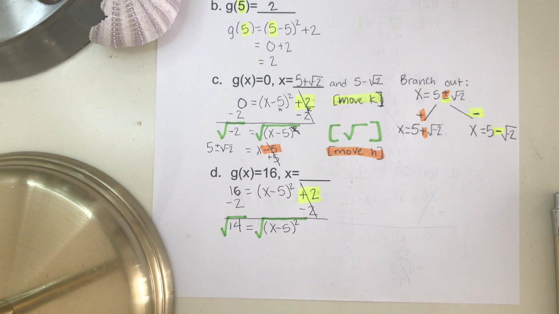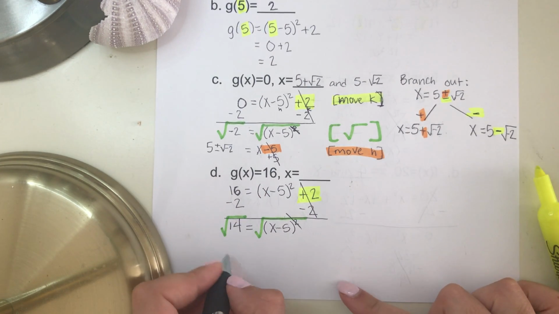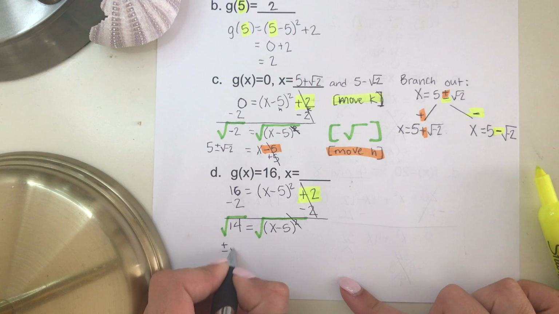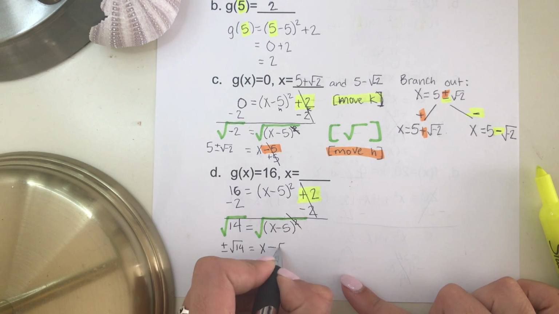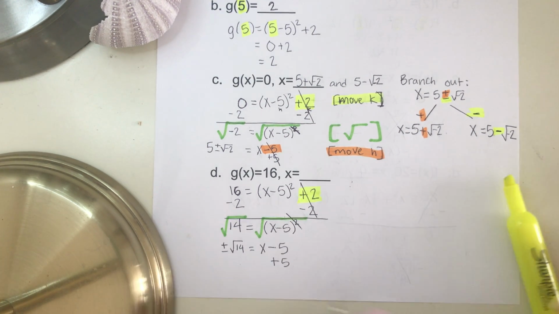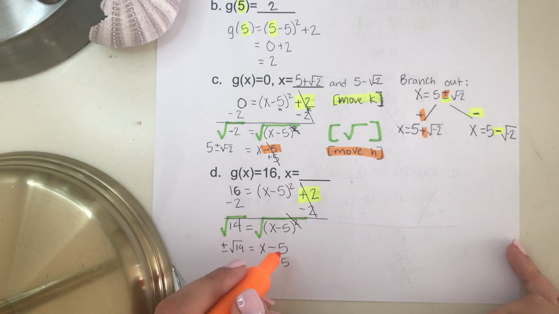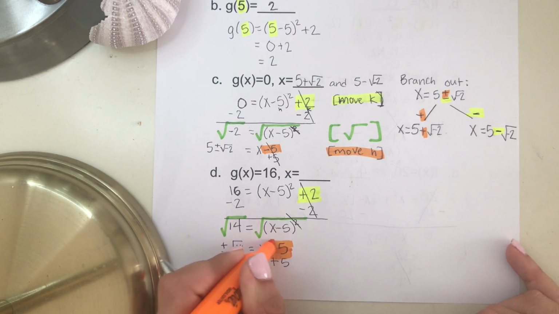The square root of 14, if you were to put that in the calculator, would give you some kind of decimal, so we won't worry about it. We'll just cross off the squared and write plus or minus the root of 14 equals x minus 5. This is the step where we move h. I'll highlight that in orange, just like in the problem above.